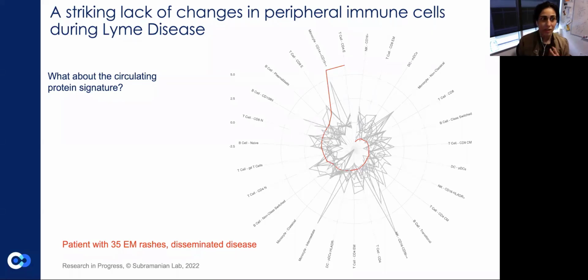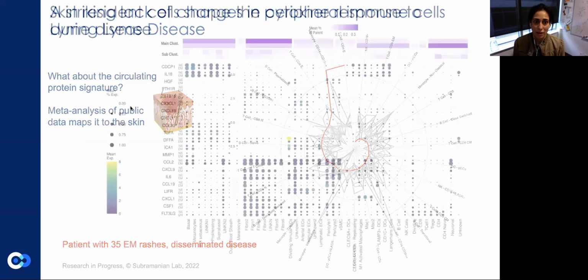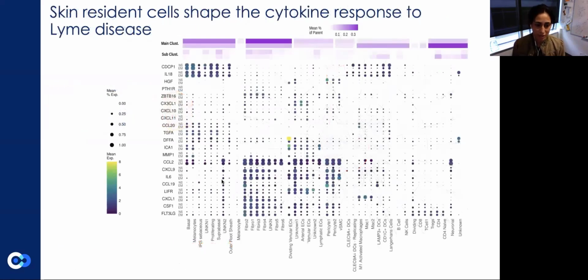To cut to the chase, we did a meta-analysis of both PBMC data and skin data from the literature. And what we find is that the circulating immune protein signature in the plasma maps back to the skin. This is single cell RNA-seq data, and you can see that these are all skin cells: keratinocytes, fibroblasts, endothelial cells, myocytes.